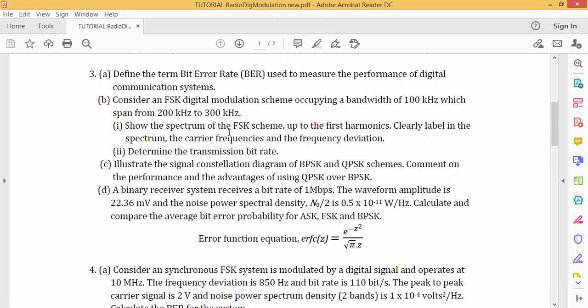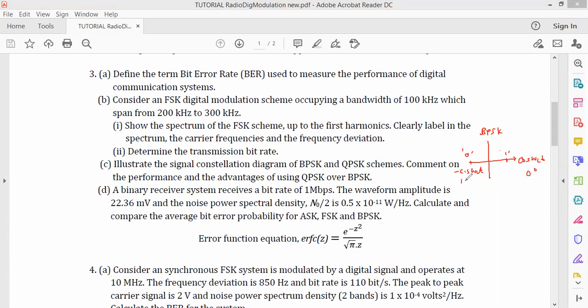Okay, the constellation diagram is this diagram where you can see the phase differences. So for BPSK, okay, cos omega ct, this is minus cos omega ct. Right. So this one is for bit 1, this one for bit 0.